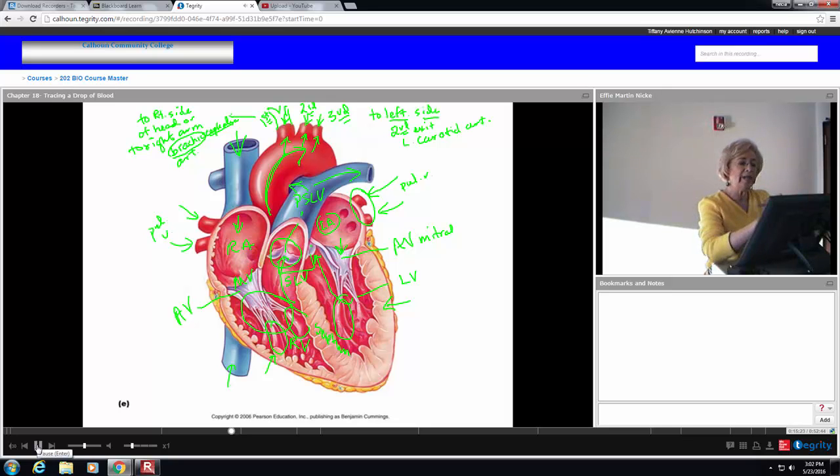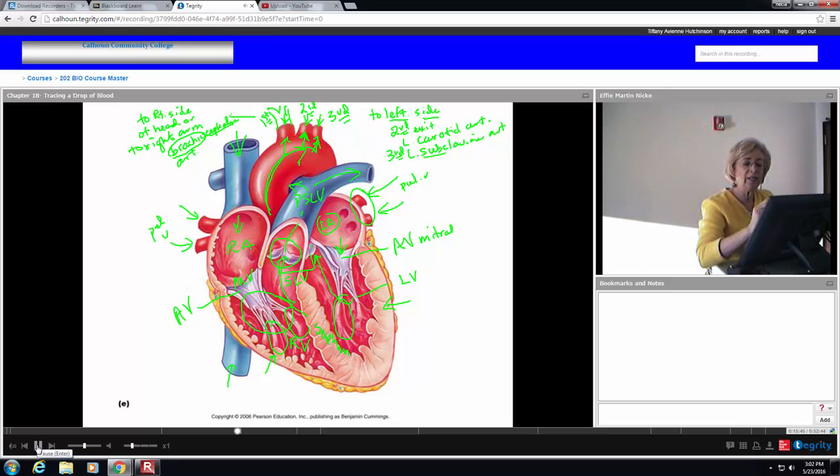So at the top of the arch here, if you take this exit, you're going to be destined to go up to the head through the carotid artery on the left side. If you come on around and you decide to take the third exit, the third exit is the left subclavian.